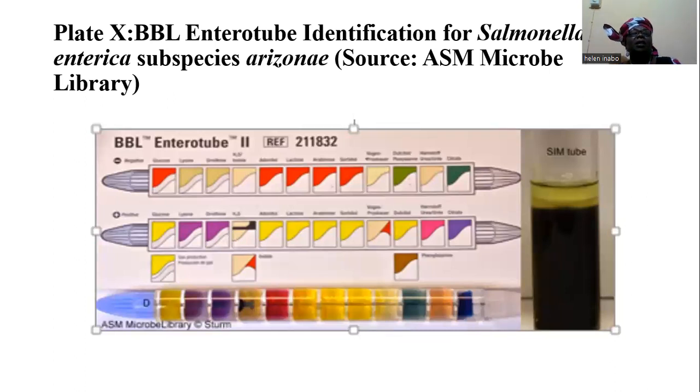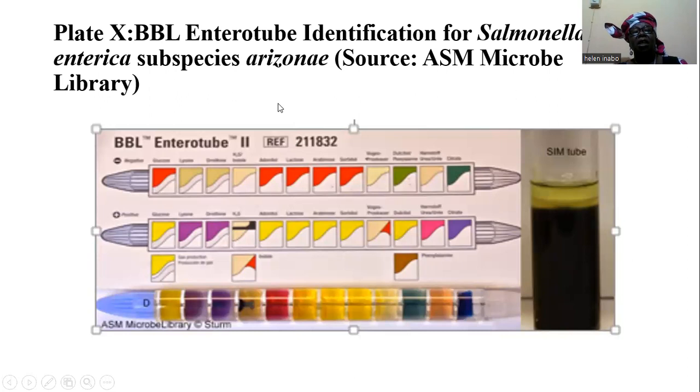Here is plate 10 showing the BBL Enterotube identification for Salmonella enterica subspecies arizonae. Now, this is a tube containing 12 compartments. The first one shows evidence of glucose fermentation because of the yellow color.